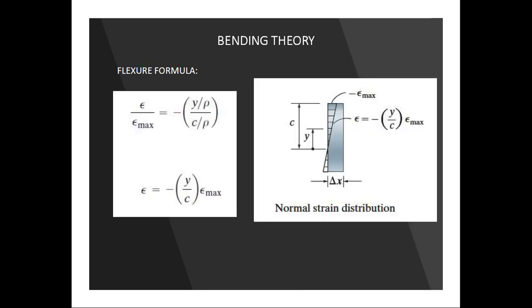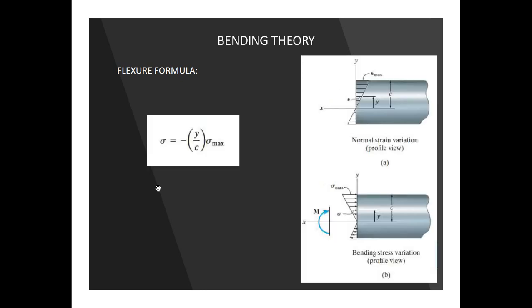Due to Hooke's law, we can also derive a relationship for stress from this equation. You can see over here the strain distribution in the beam at this cross section, and this is the stress distribution. We denote compressive stress like this, inwards, and tensile stress like this, outwards. How do we know that this is linear?